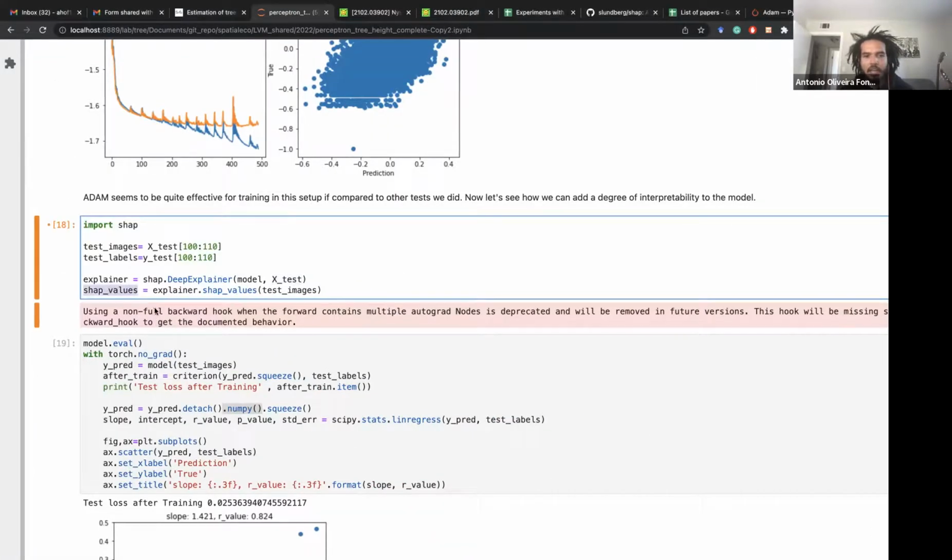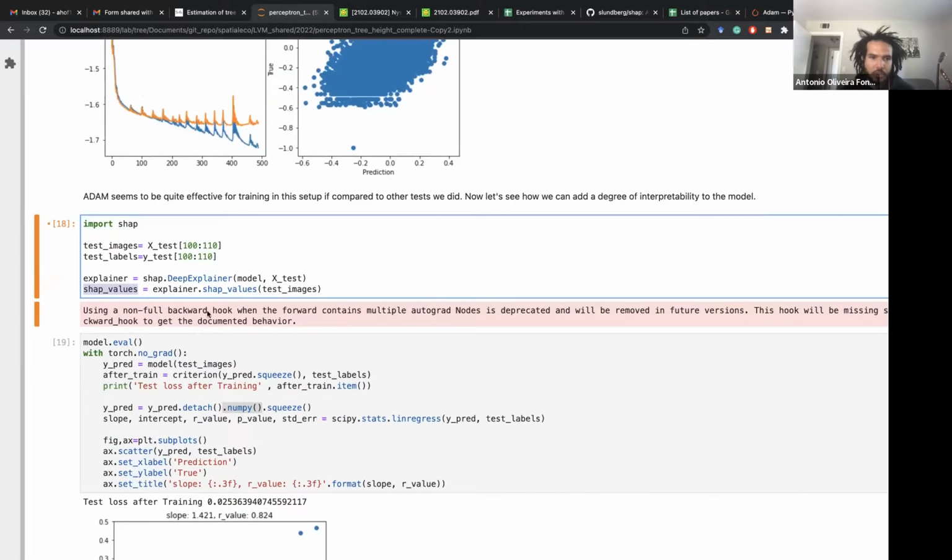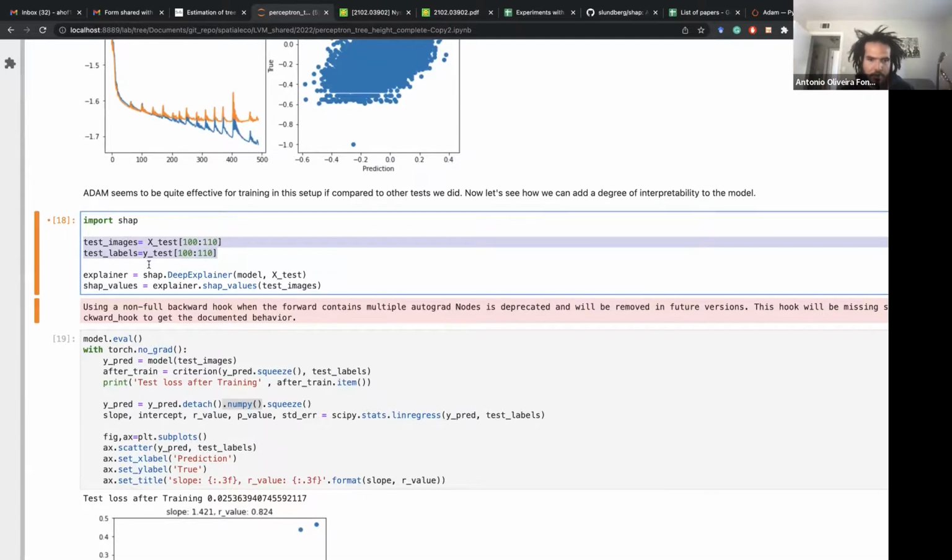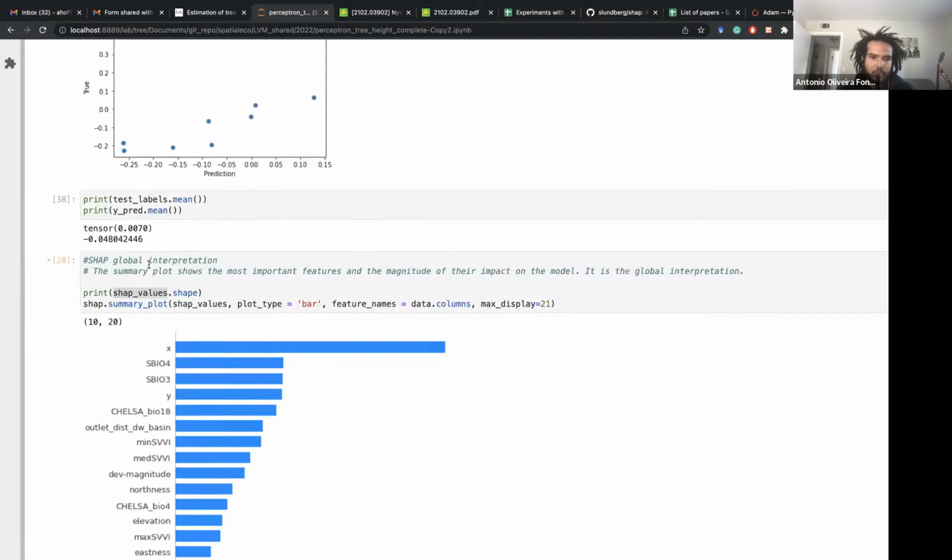So the SHAP values encode the importance of those features for a prediction, okay? So just so we can see how it behaves for 10 samples, I'm selecting 10 samples from the test data set with their respective labels here. So let's see how it looks.